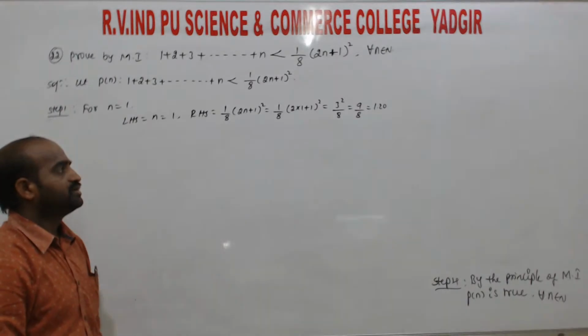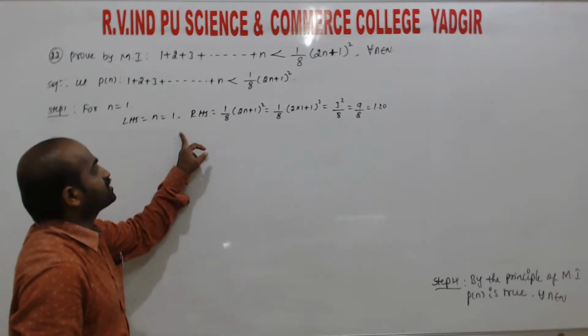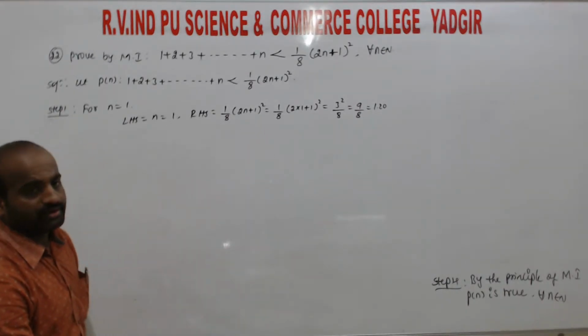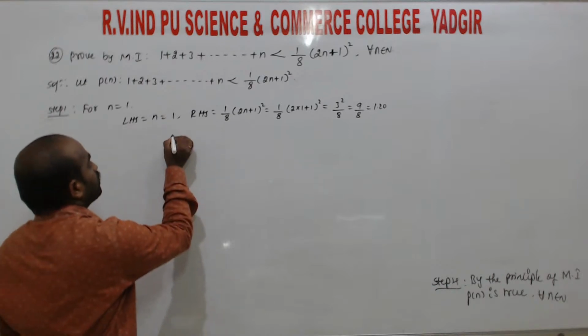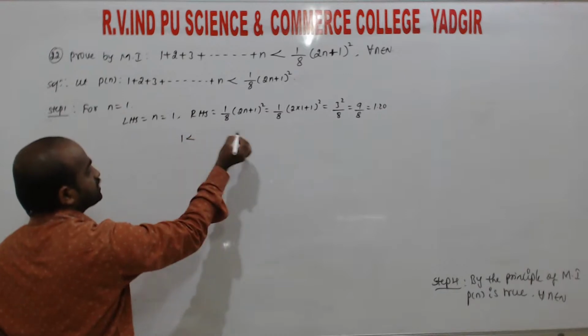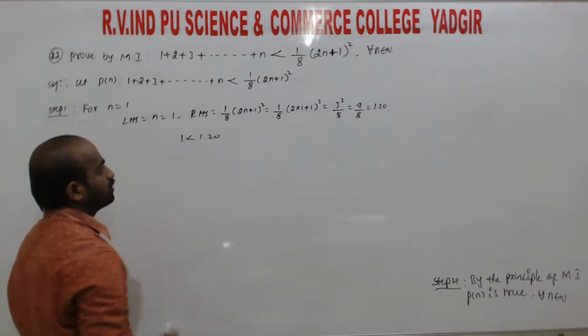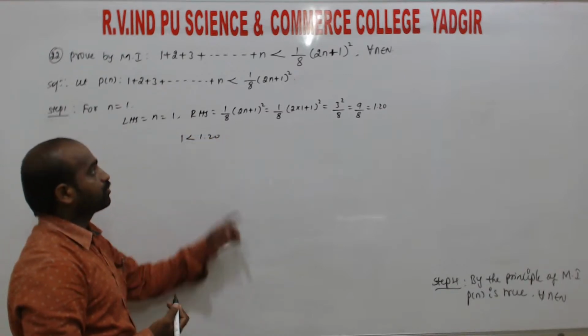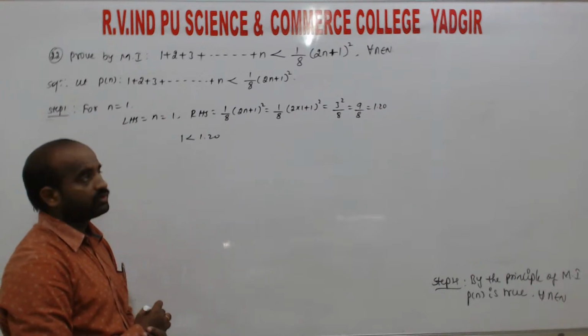Okay, 1 point something is what? 1 is less than 1.125. Okay, therefore P of 1 is true.